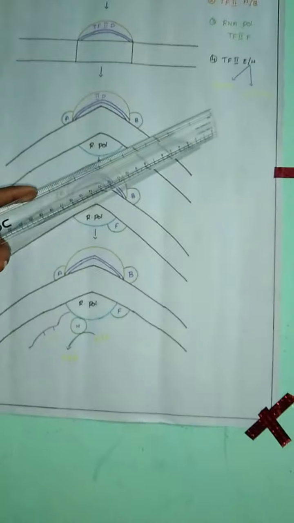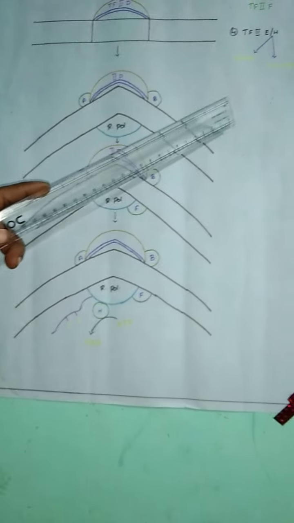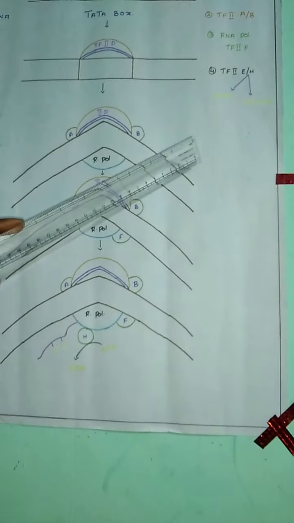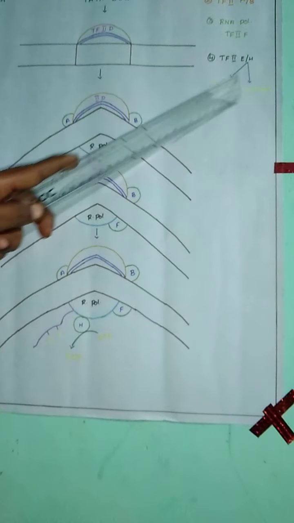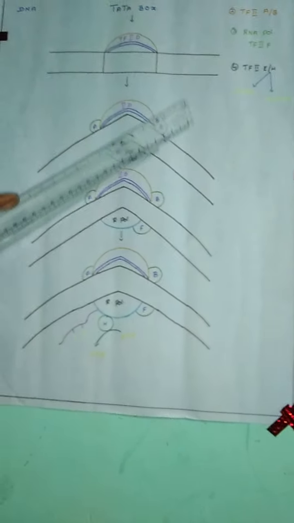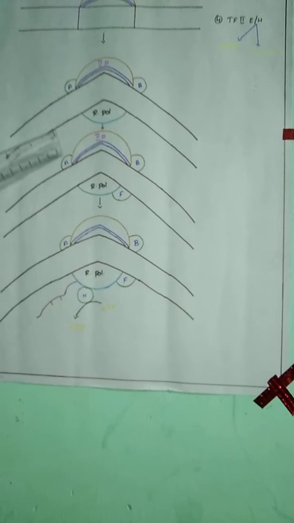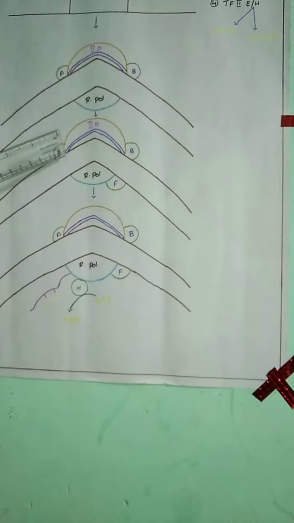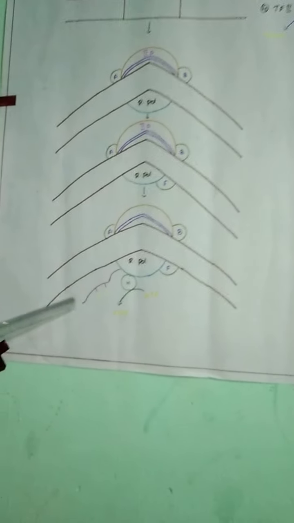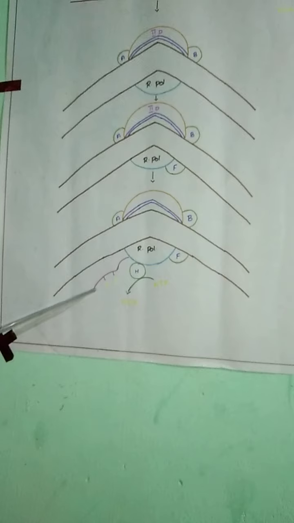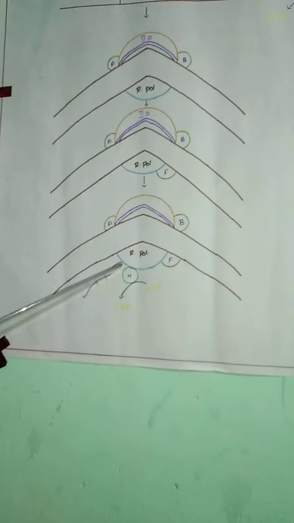Transcription factor E and H have versatile activities. They have two functions: one is helicase and the other is kinase. Helicase unwinds the DNA and opens the promoter region. The protein has two ends, the C terminal and the N terminal.